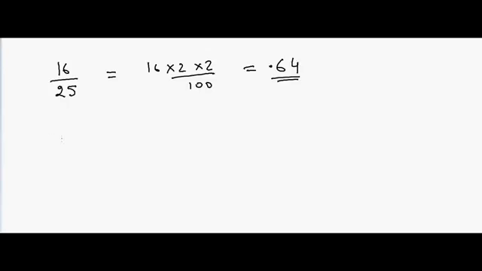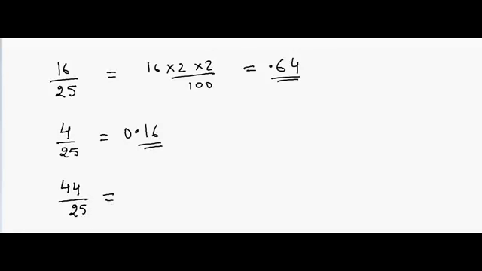Again, if I have 4 divided by 25, that will be equal to 4 into double of 4, which is 8, and double of 8 is 16, so 0.16. Another example is if I have 44 to divide by 25.